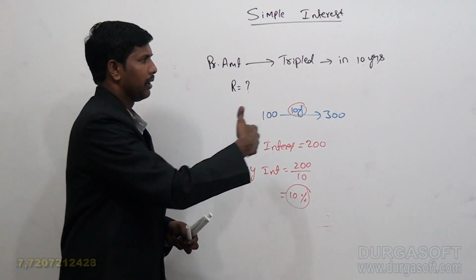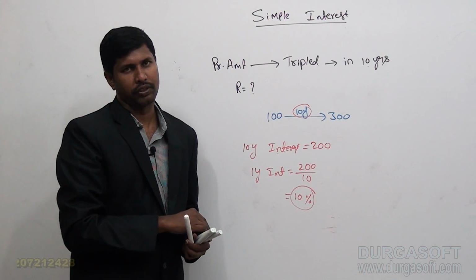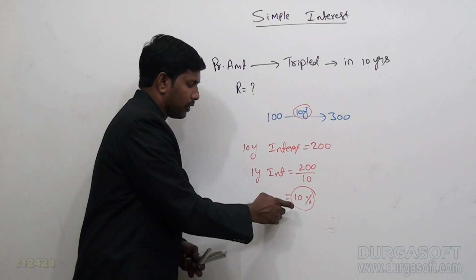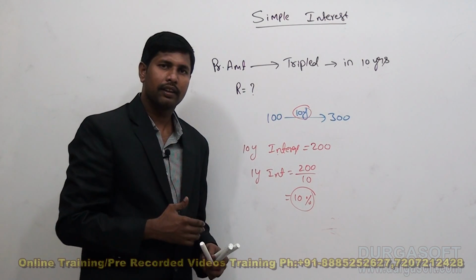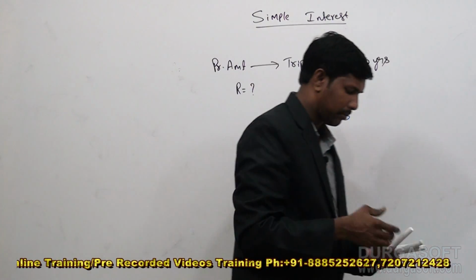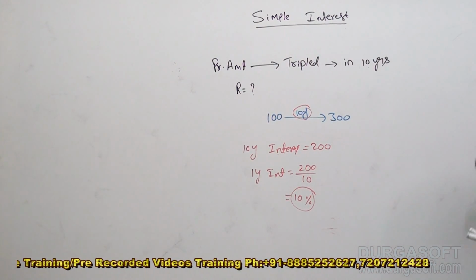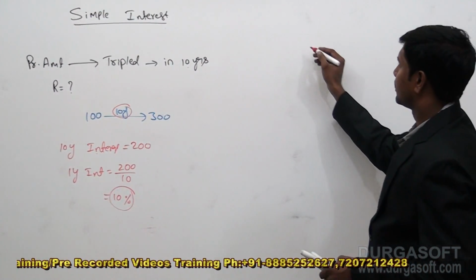Sometimes there may be some extension to this question. Simply without asking this rate of interest, they may ask another value, like let me show how they can ask a different question related to this.